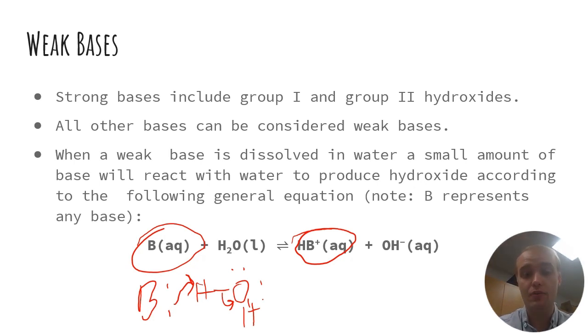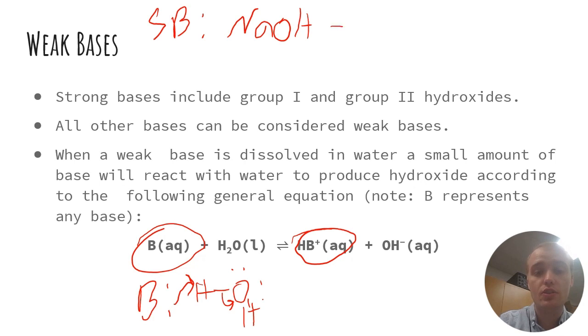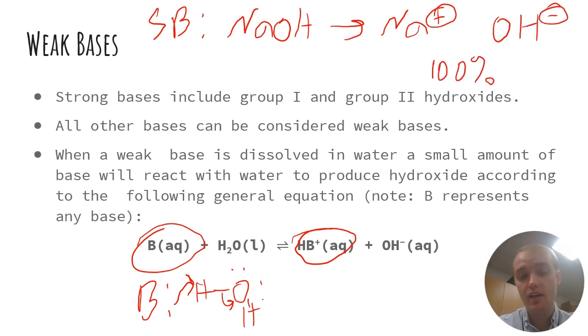So for example, a strong base, like NaOH, is going to dissolve completely inside of water, so 100% of it is going to dissociate. But if you have a weak base, maybe 10, 20, 30% of it is actually going to dissolve inside the water. So just like a weak acid doesn't fully dissociate, a weak base doesn't fully dissociate, or 100% of it doesn't pull off all the protons that it could.